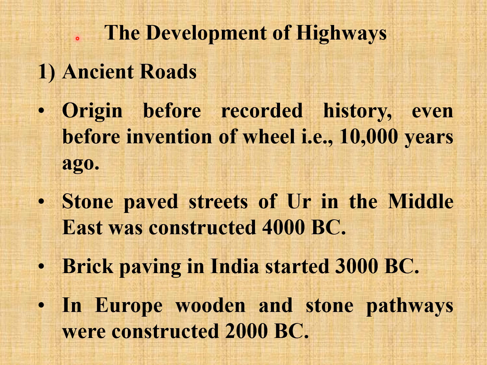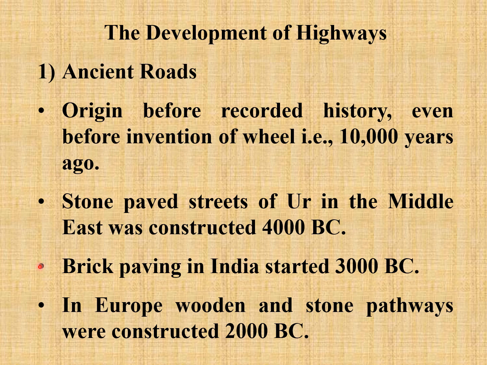The development of highways. So first you can look at the ancient roads. Origin before recorded history, even before invention of the wheel, that is 10,000 years ago. Stone paved streets of Ur, the name of an ancient city in the Middle East, was constructed somewhere about 4000 before Christ.